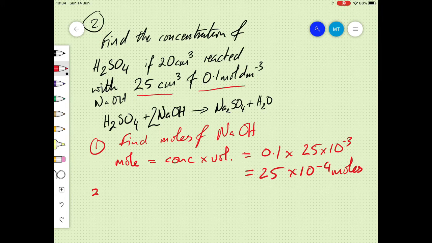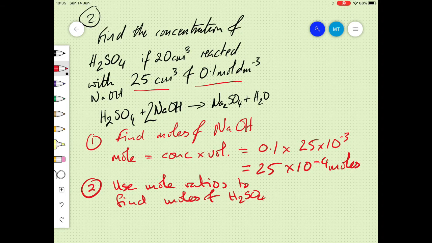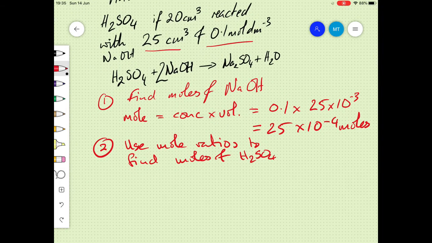Right, next step is to use the mole ratio from the equation, to find moles of H2SO4. So we've got sodium hydroxide to sulfuric acid, the ratio is 2-to-1.